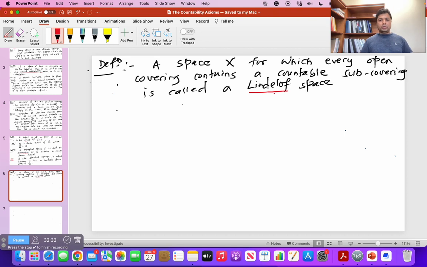So a topological space is called a Lindelöf space if every open covering of X contains a countable subcovering.